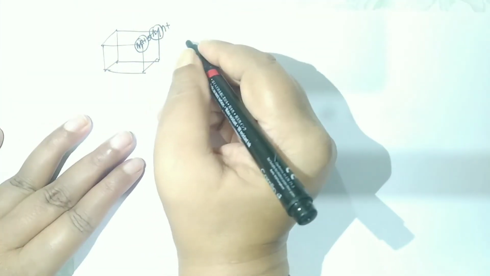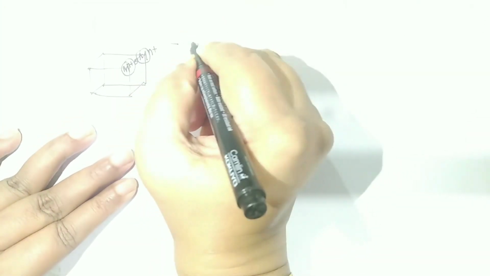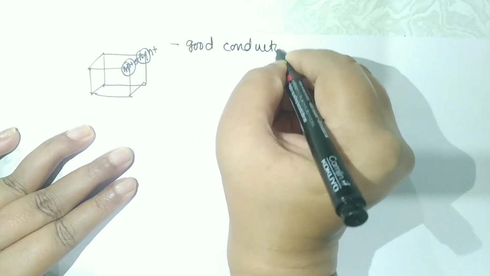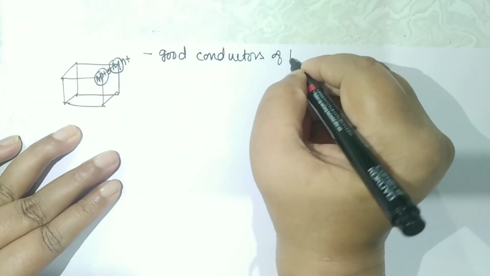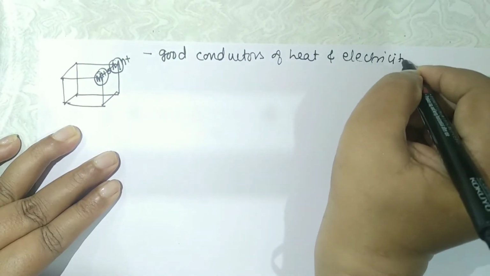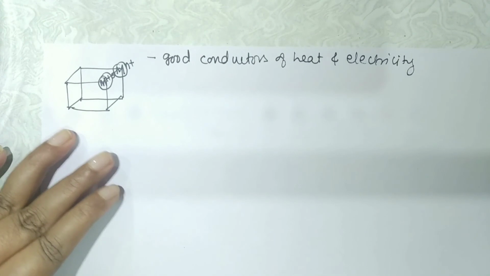So here, if I see there are mobile electrons present here, so what we can say about the conduction, that metallic solids, they are good conductors of heat and electricity. They do conduct because of the mobile electrons.